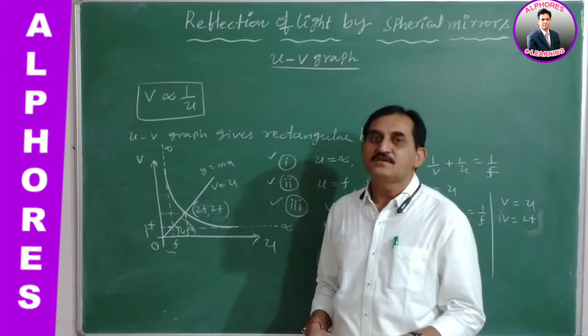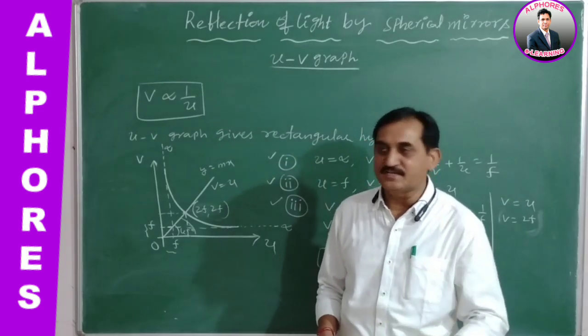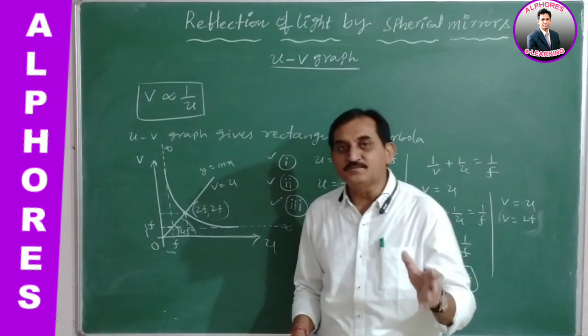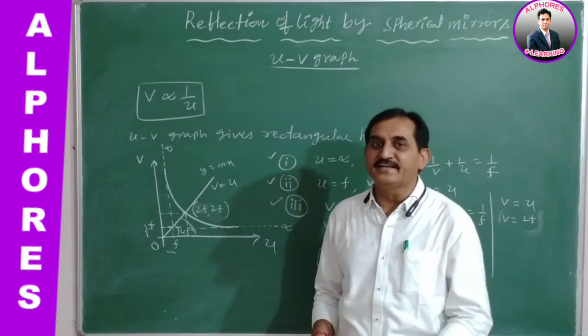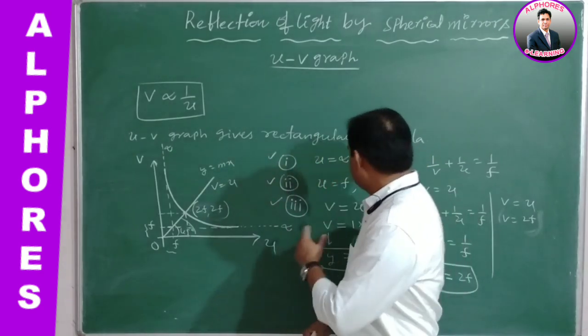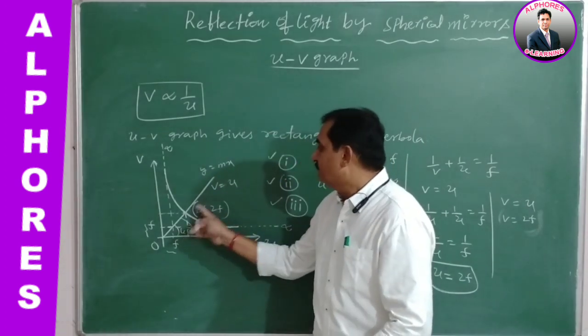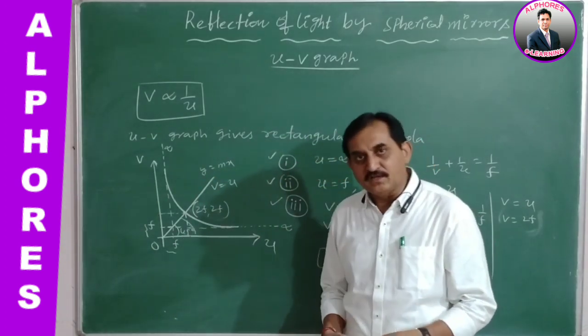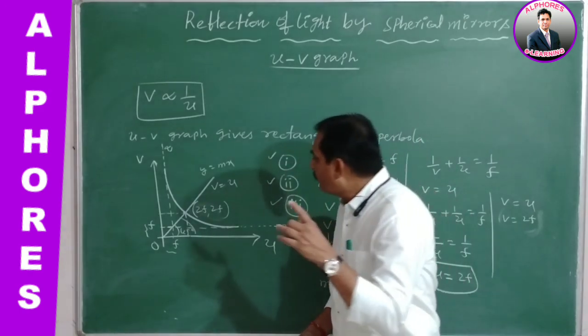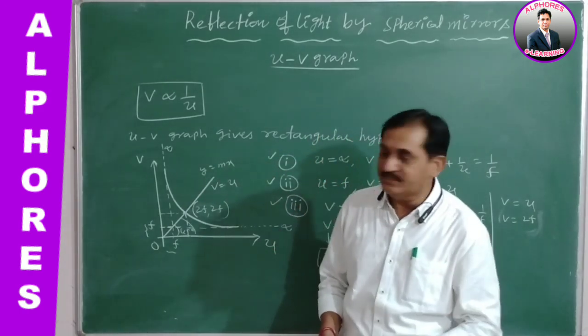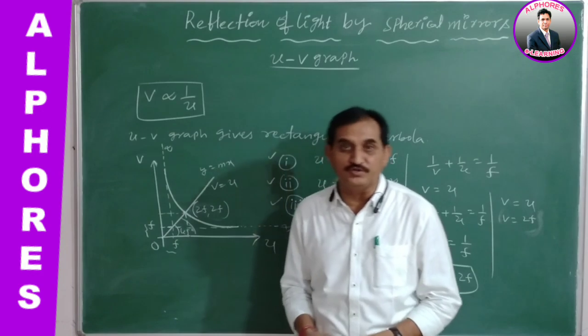In such case, the image size and object size both are equal. This is possible, and that is indicated in the graph. So V is equal to U gives a straight line which passes through origin, which intercepts the rectangular hyperbola. That point of interception gives coordinates 2f comma 2f.